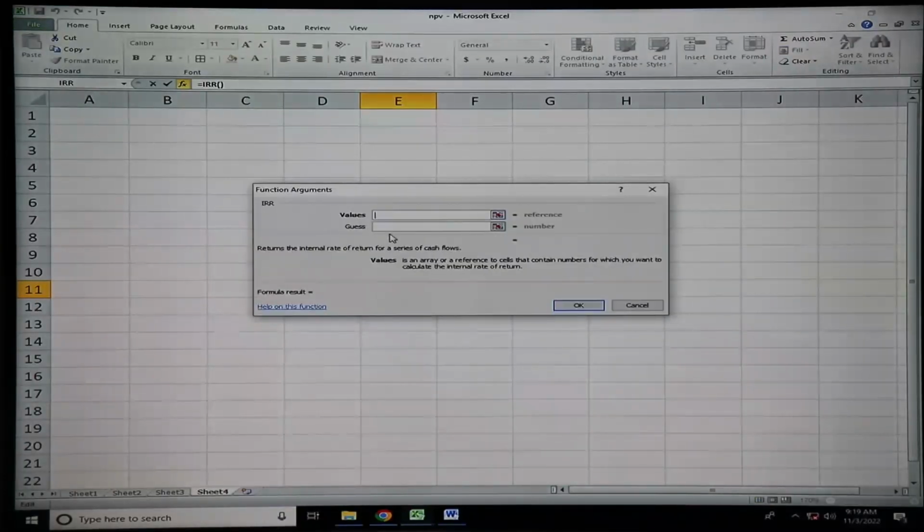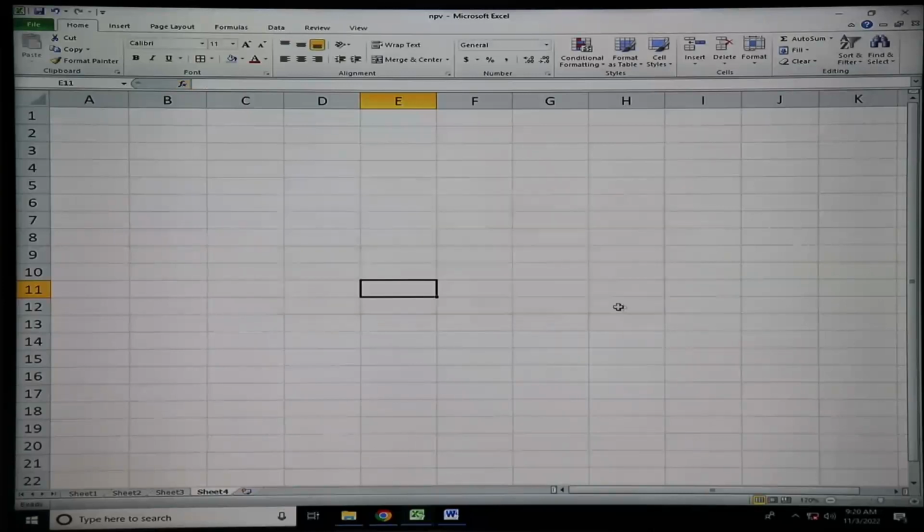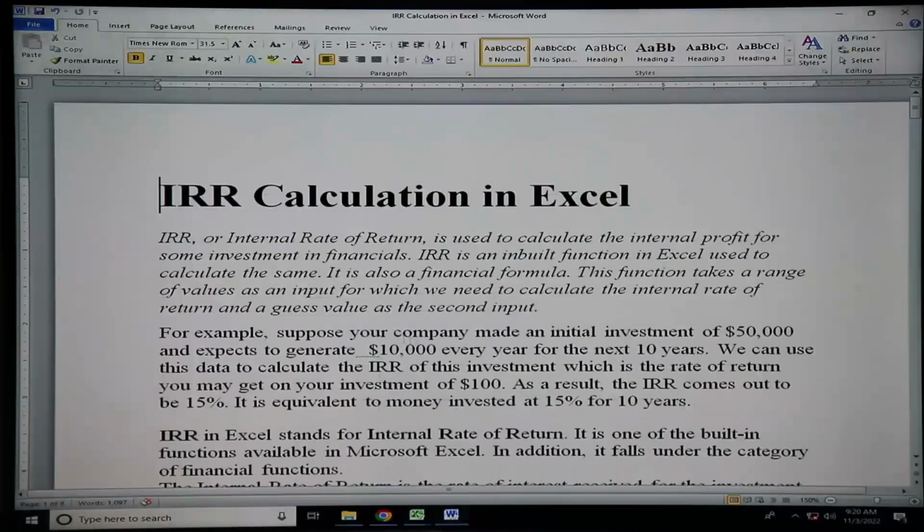The value is an array or a reference of cells that contain the numbers for which you want to calculate the internal rate of return, that is, that series of numbers. The guess is a number that you guess is close to the result of IRR. It is 0.1 or 10% if omitted. So that is what we mean by this.